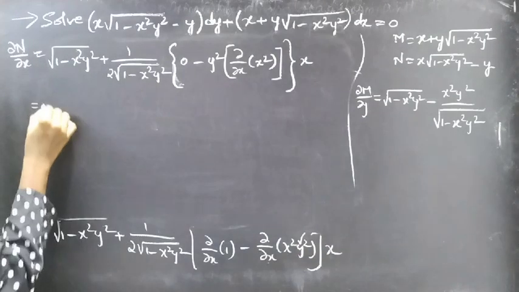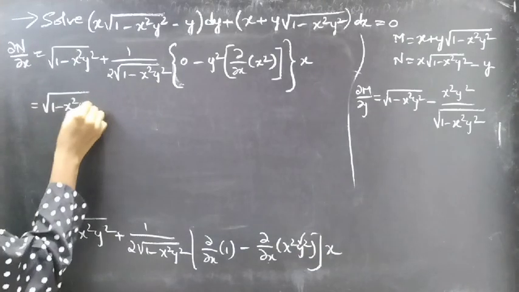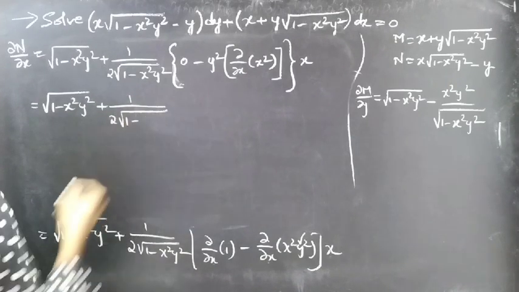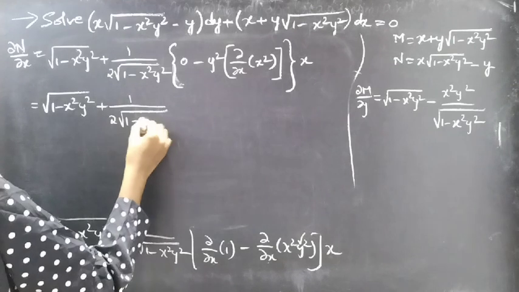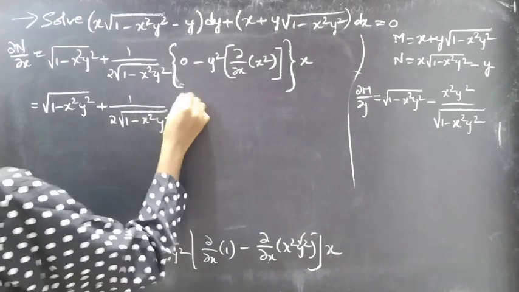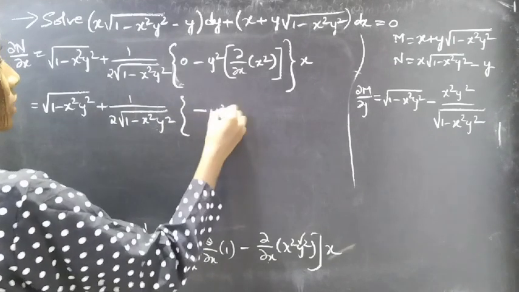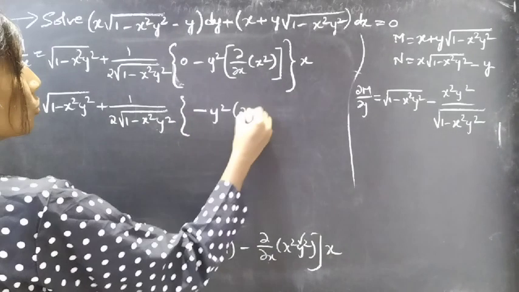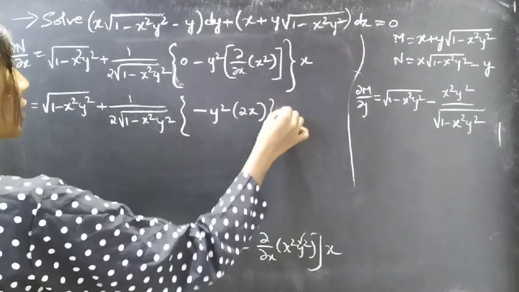This gives us square root of 1 minus x square y square plus 1 by 2 square root of 1 minus x square y square into minus y square into partial derivative of x square with respect to x is 2x into x.